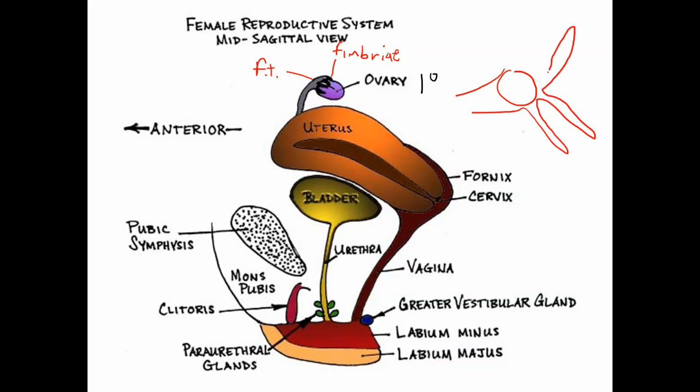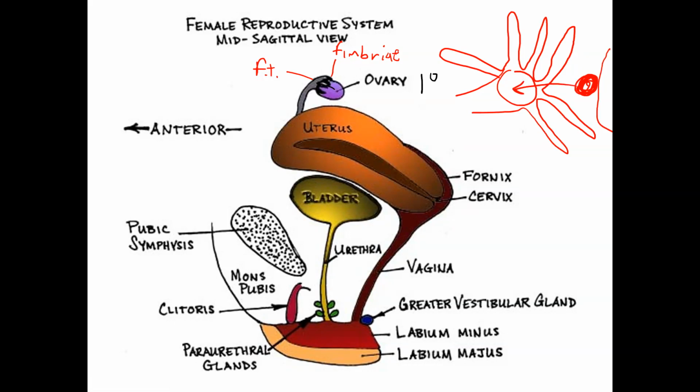It's like I'm drawing an octopus. Just to give you an idea. So the idea, of course, is that the egg, when it's released, so here's the ovary, will go into the fallopian tube here, okay?